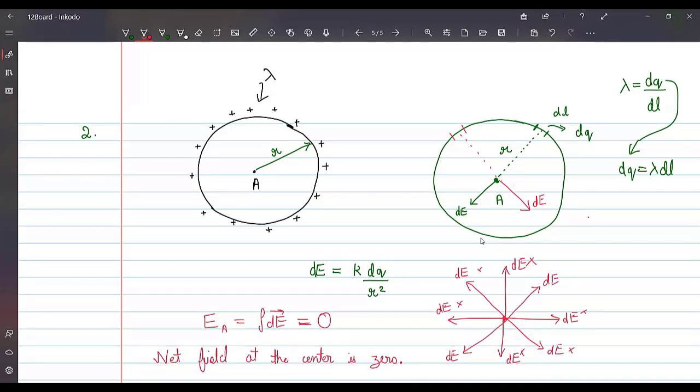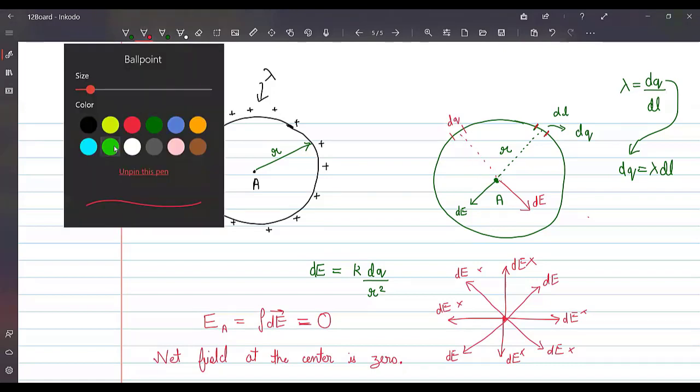I did not get the concept of the direction thing. Okay, consider this as a point charge. The point charge will give field in this direction. Is that clear? Yes, sir. If you take a point charge here, take an element here, it will give field in this direction.